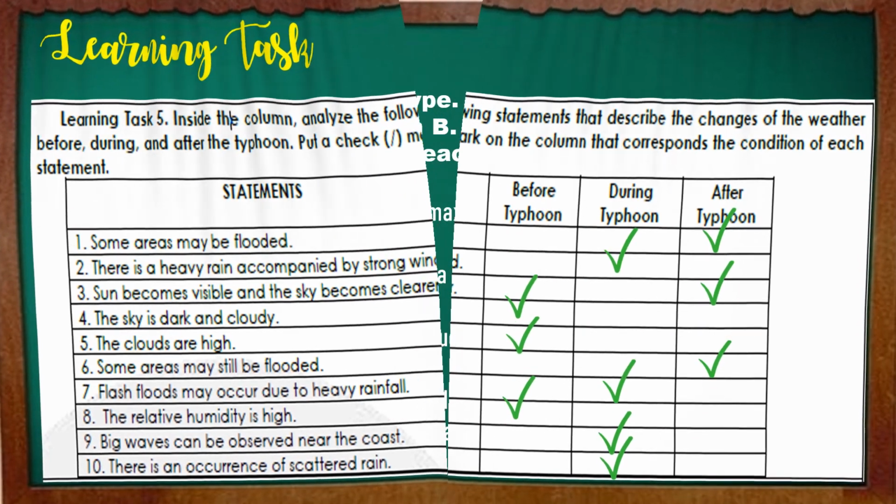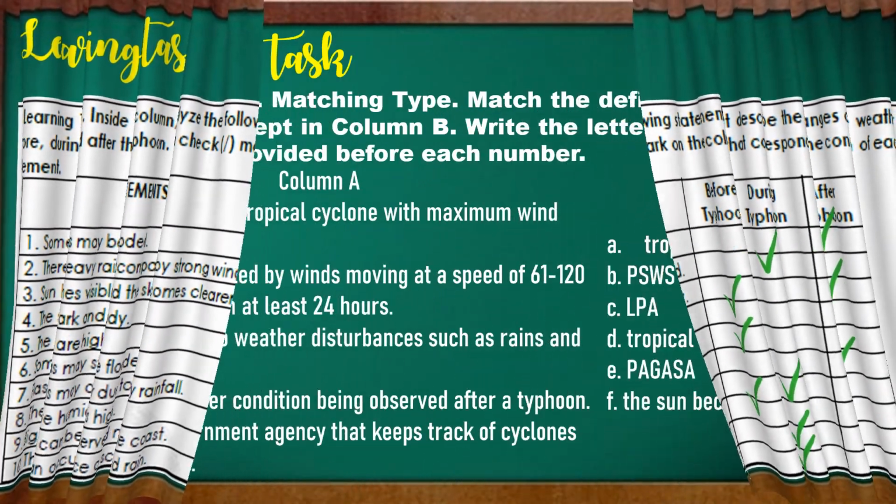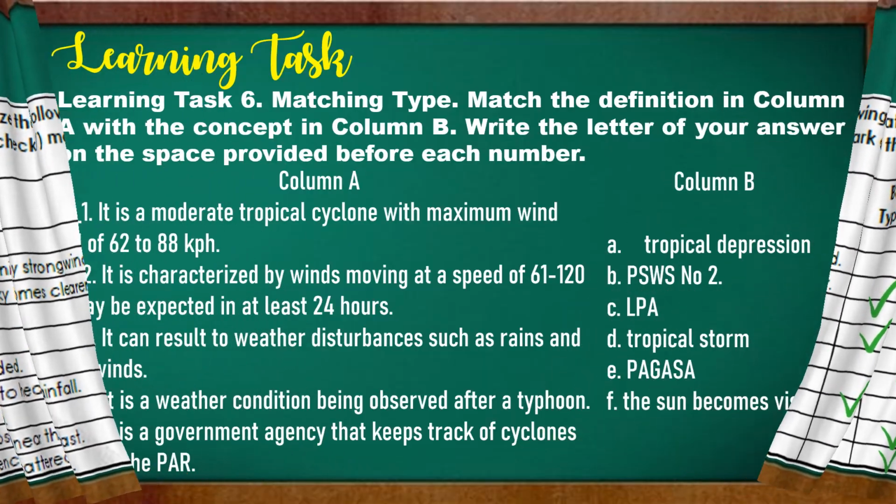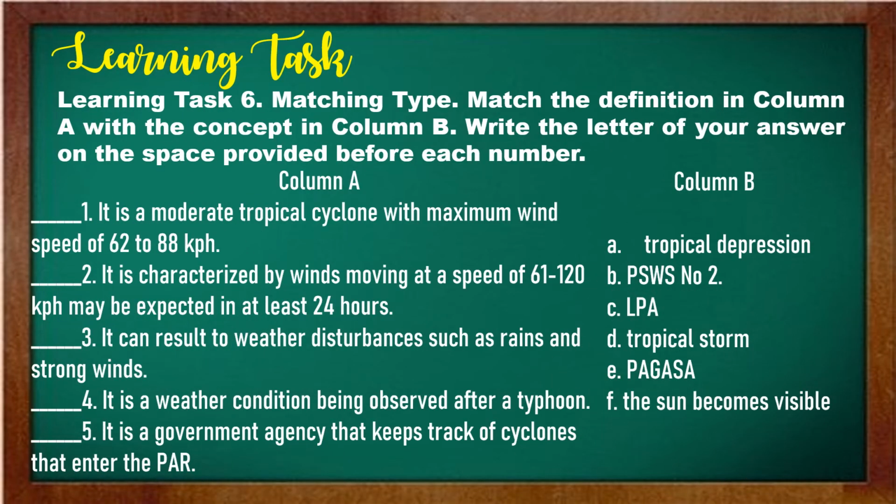And the next learning task is matching type. Match the definition in column A with the concept in column B. Write the letter of your answer on the space provided before each number.